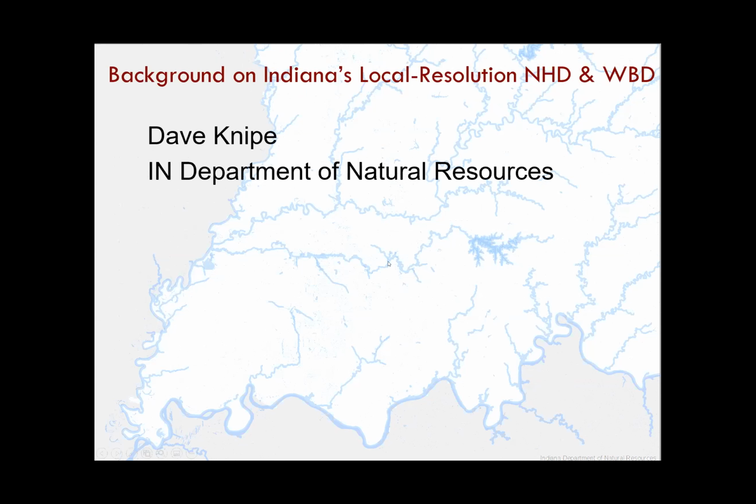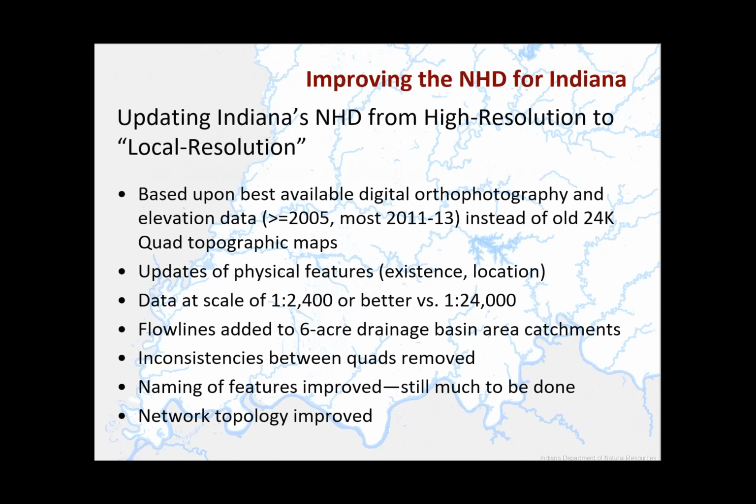So as Megan was saying, we started this effort back about 2008 in terms of thinking through what we wanted to do for the National Hydrography Dataset and trying to update it. So this was based on best available digital orthophotography and elevation data.